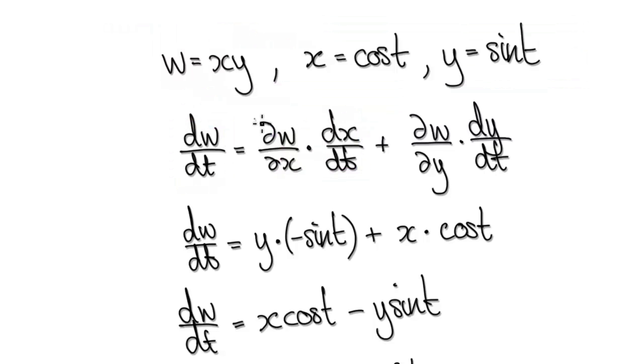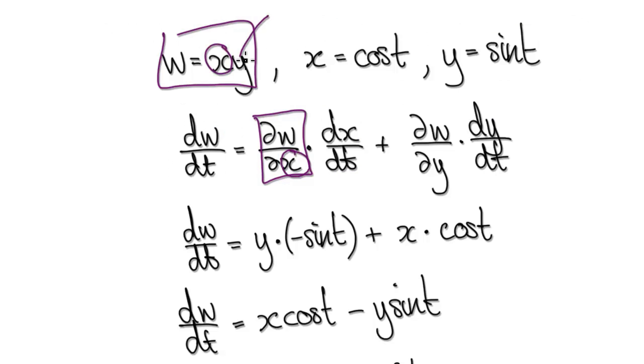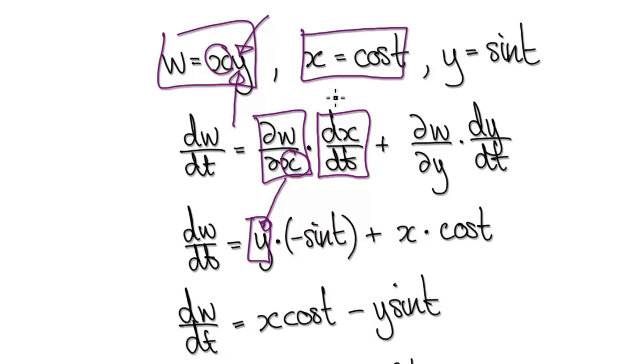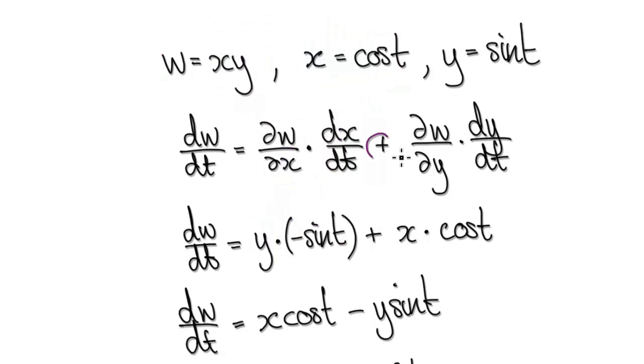Differentiating with respect to x, meaning y is a constant, it's just going to give you y. And then we've got it times dx by dt, which is differentiating this, so that would be minus sine t. So that will give you this, and then you've got your plus.